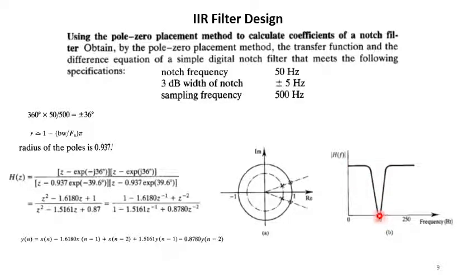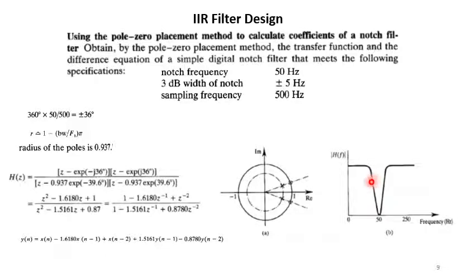The 50 is the center frequency, so the bandwidth of this, as given here, is plus minus 5 hertz. So you understand that the response is 1 and then it slightly starts decreasing. So the point where the response is 0.707 will be called the 3 dB point.